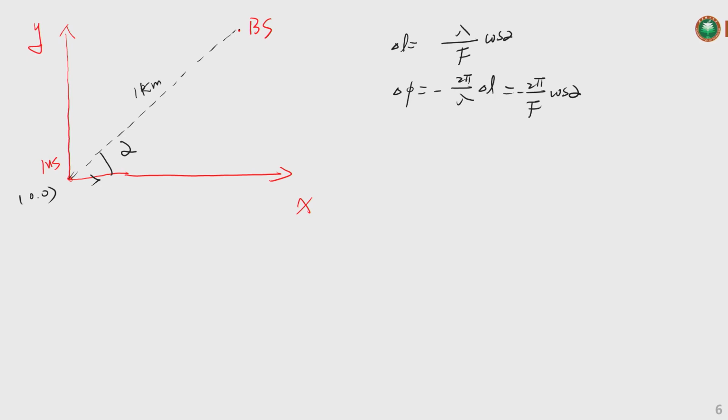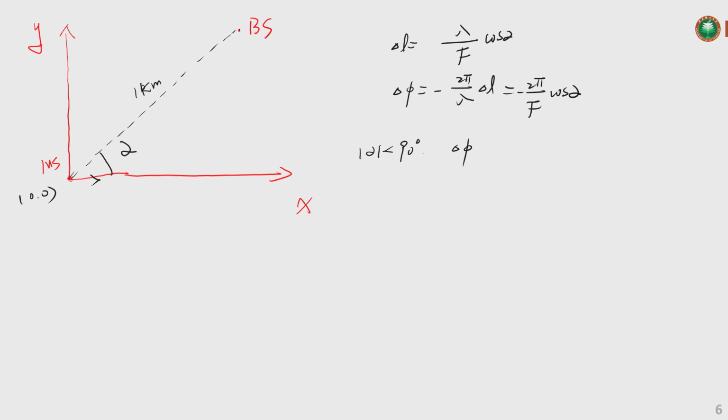Okay. So when alpha is smaller than 90 degrees, delta phi is negative. Delta L equals lambda over f cosine alpha.